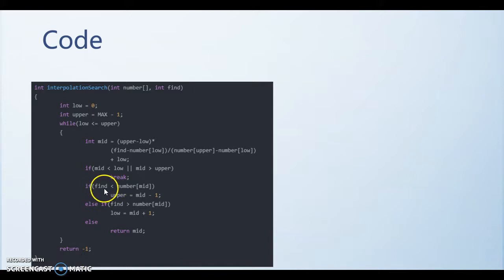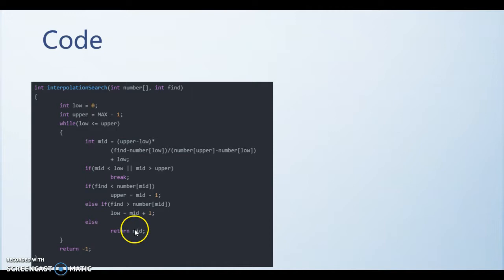And if the find value is less than the number at mid in this array, we know that the number will exist on the left side of this middle. And likewise, if the find value is bigger than the number at mid, we know that what we are looking for will exist on the other side of the mid.